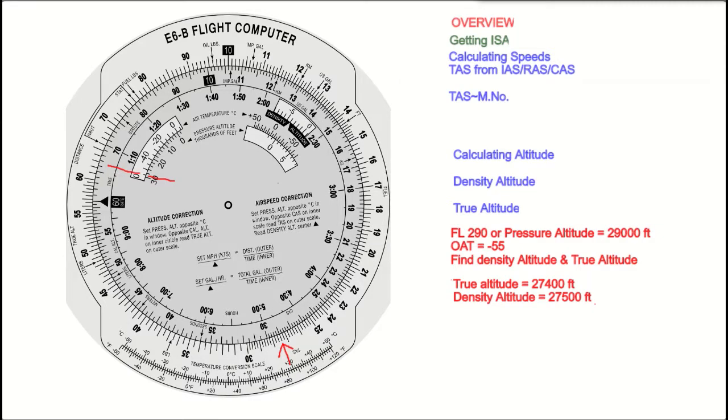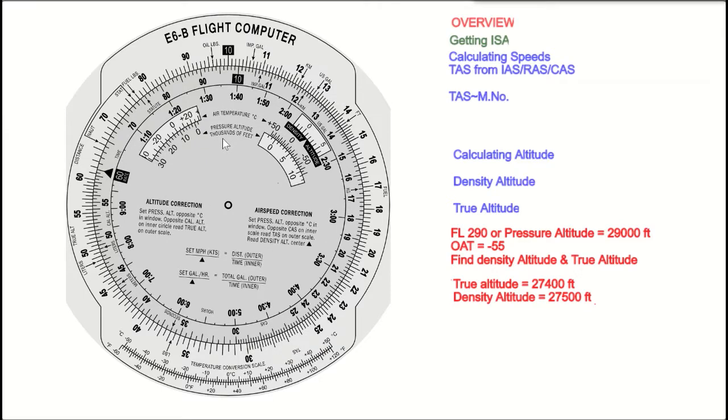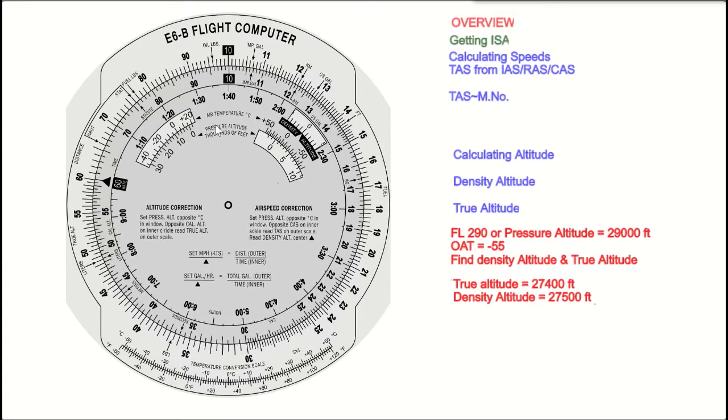What we do for that is find out what is the ISA. So we do 10 on 10 and we find 290 should be about minus 43.